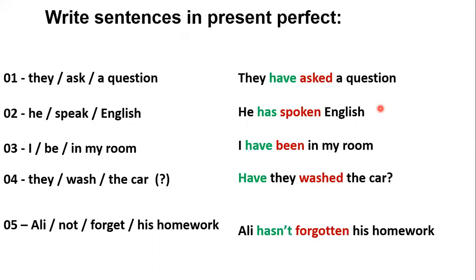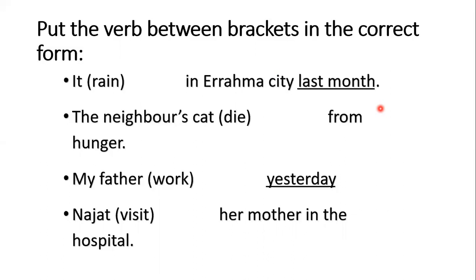Here you were asked to put the sentences in the present perfect. Now in the correct form. It can be the present perfect, the past simple, the present continuous, or the present simple. Again, pause the video, take your time, you have 4 sentences. Try to do the exercise and come back for the correction.